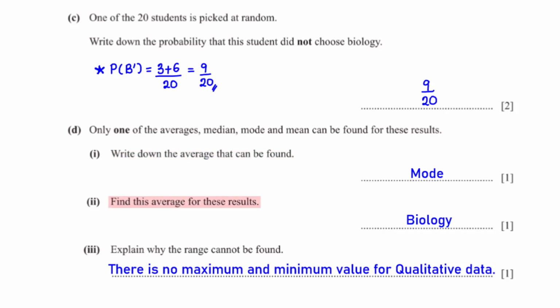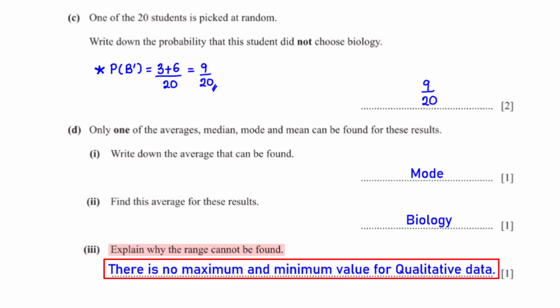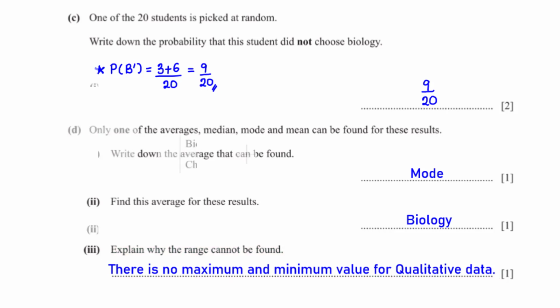Find this average for these results. The mode is the most recurring category, or the category with the highest frequency, and so the mode for the given data is biology. Explain why the range cannot be found. This is because we are dealing with qualitative data and there is no maximum and minimum value.